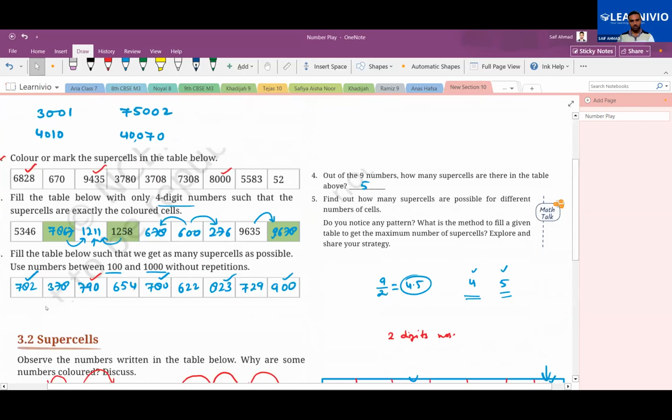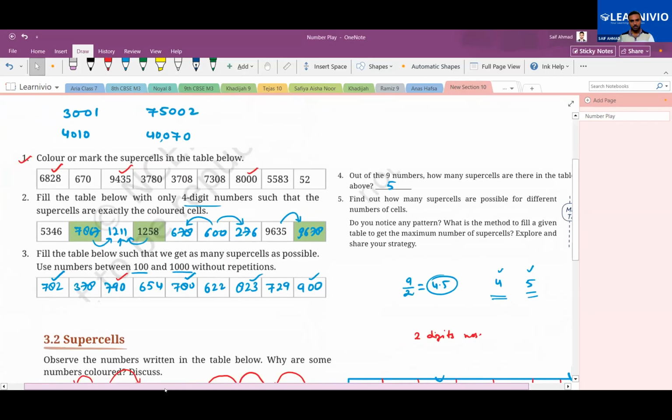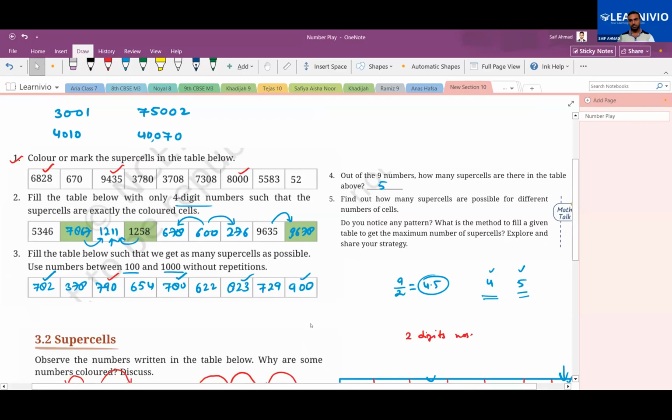And note down this question number 3. You have done this question number 3, you have not noted it down. Yes, I have. Okay.